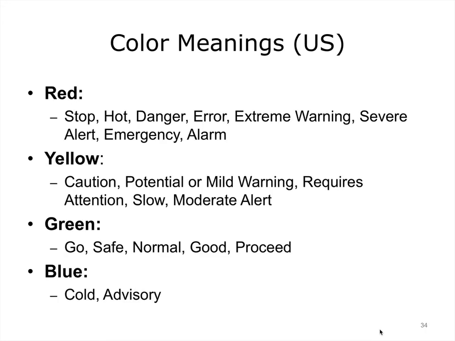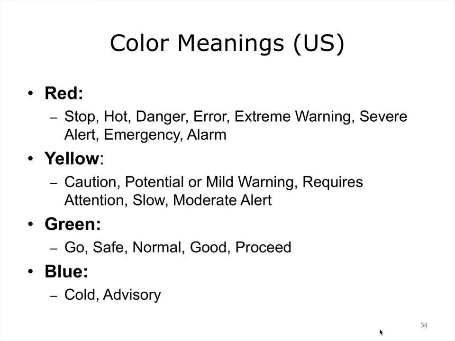Here we have the color meanings in the United States. Color meaning can vary between different cultures, so be aware of this if dealing with patient populations who may be from other places. Red is used for alerting users to abnormal values, danger, emergencies, and so on.